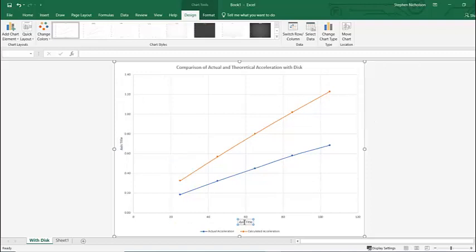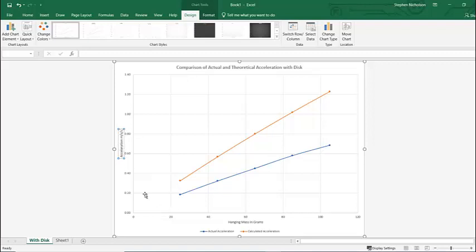So the x-axis title is hanging mass in grams, and the vertical axis title is going to be acceleration, meters per second squared. Get rid of that extra bit.